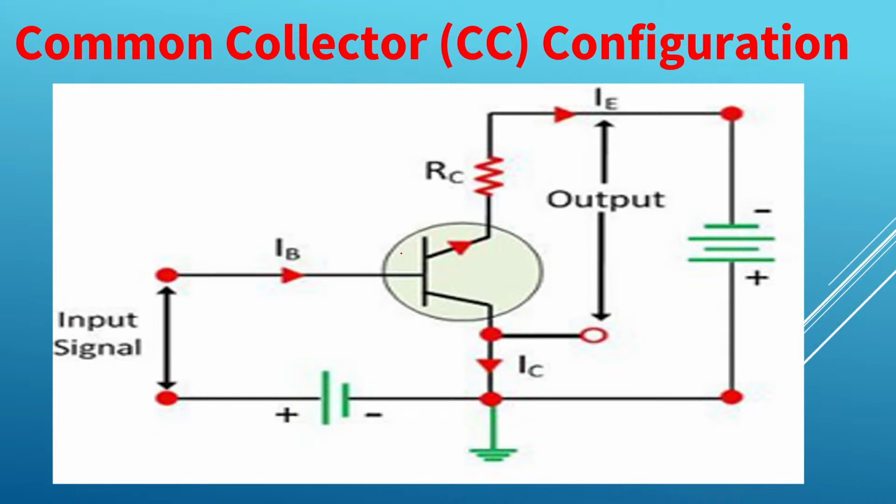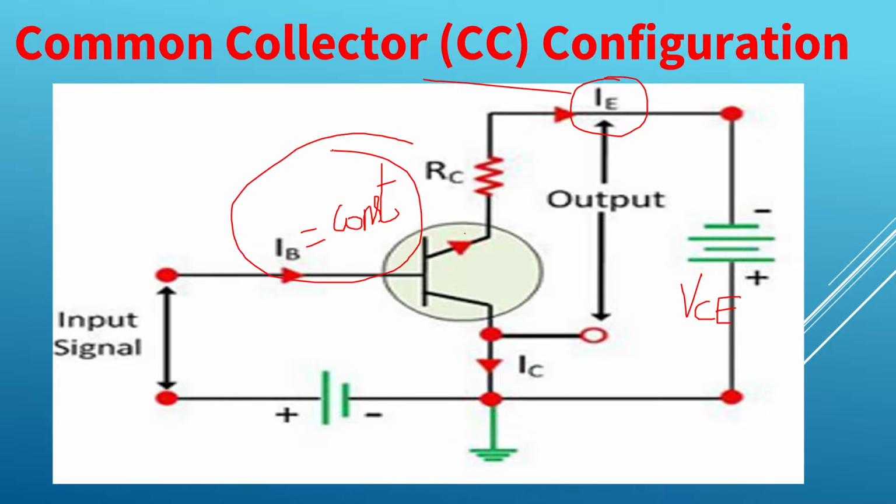I'm assuming input parameter IB constant, and I will vary this VCE. So I will plot the characteristics between IE and VCE, assuming base current constant.